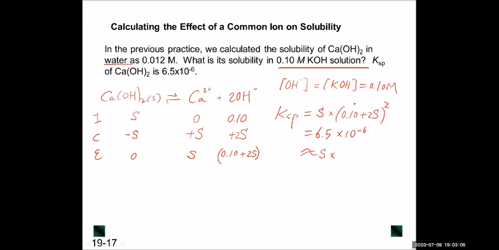Since S is much smaller, we assume much smaller than 0.10, that S becomes negligible. So that means it simply gives me this, as we use approximation.